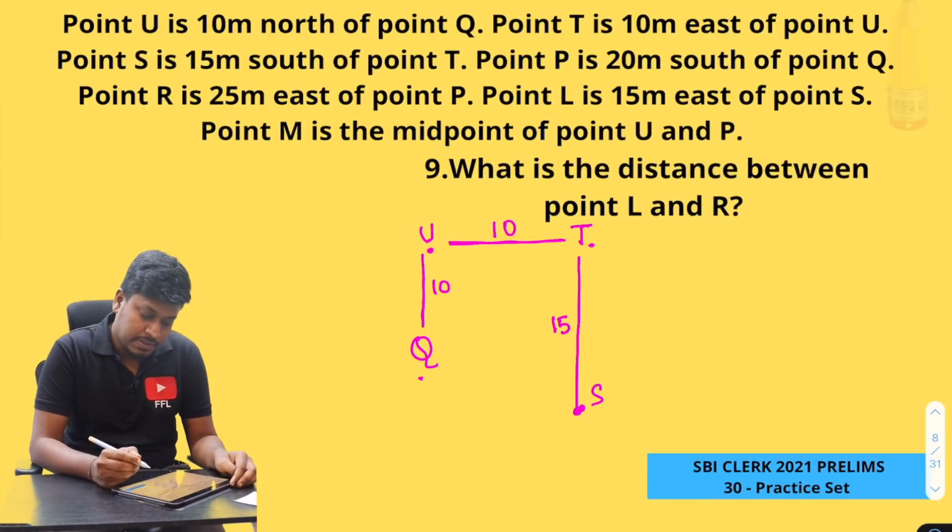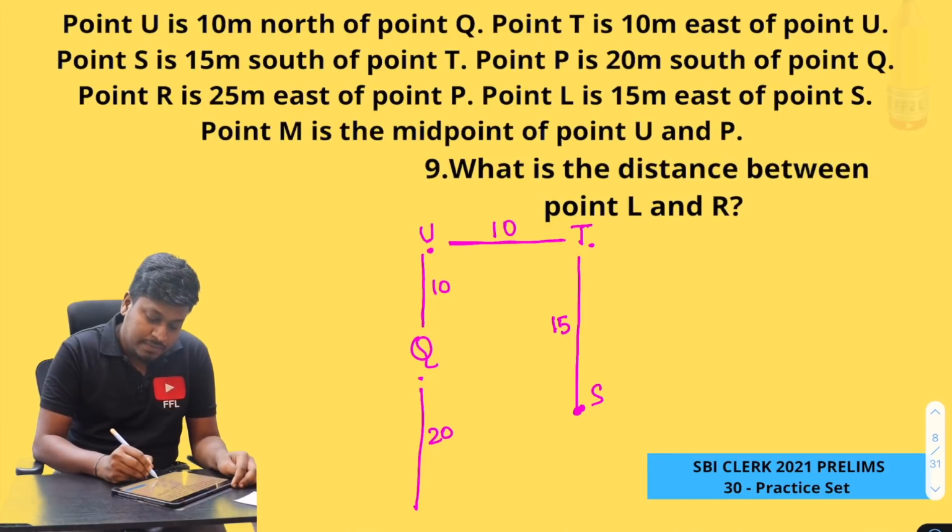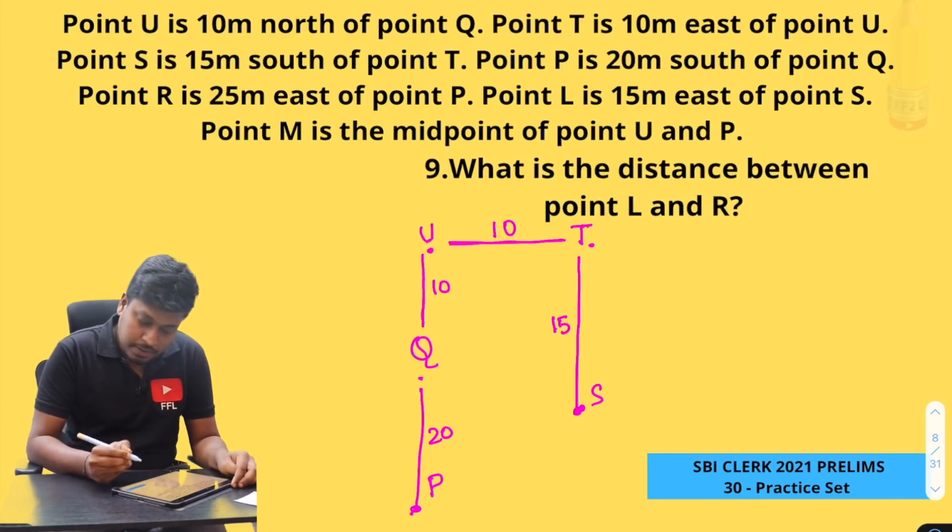Understood? So next, point P is 20 meters south of point Q. So again from point Q, southern side at 20 meters we have point P. Okay, interesting.